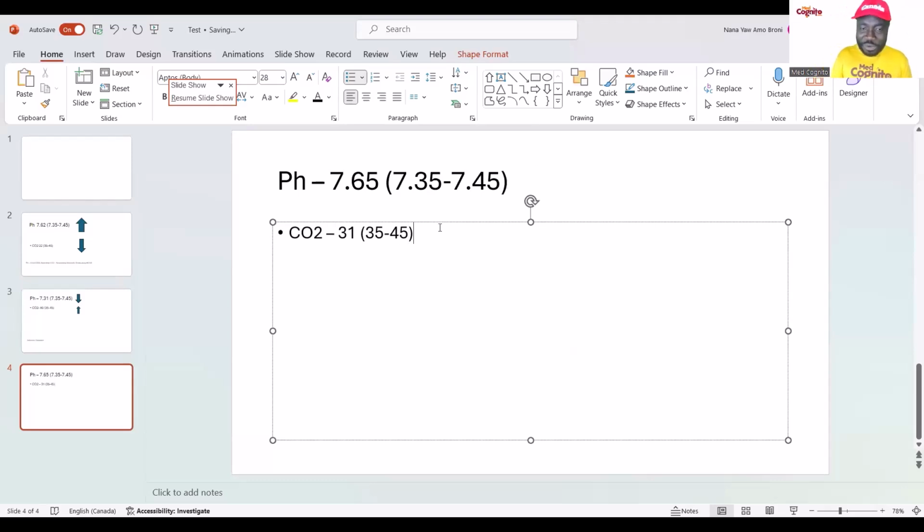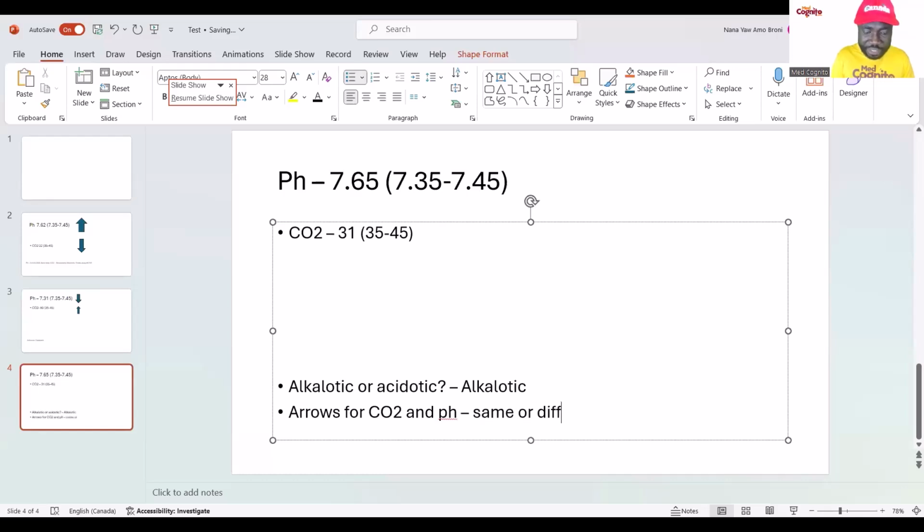So, the first question I want to ask is, is this patient alkalotic or acidotic? Alkalotic, beautiful. Next, arrows for CO2 and pH: are they the same or different directions?